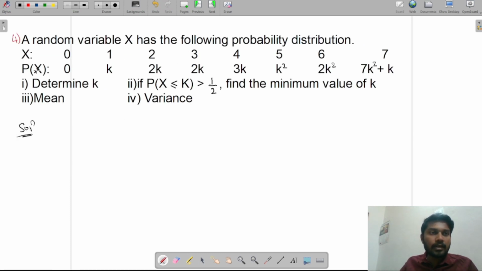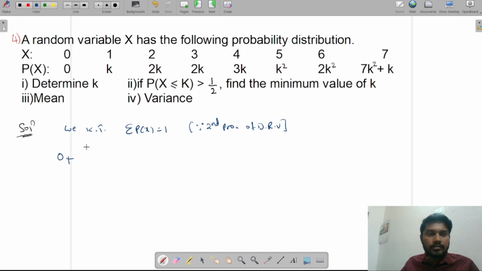Solution: we know that summation P of x equal to 1, and this is the second property of a discrete random variable, which means we have to add the probabilities, and the sum is equal to 1.